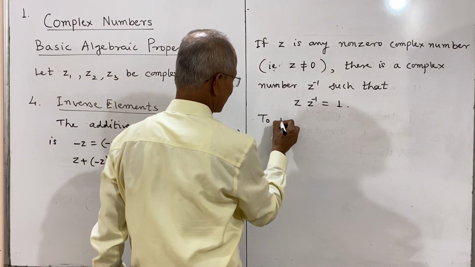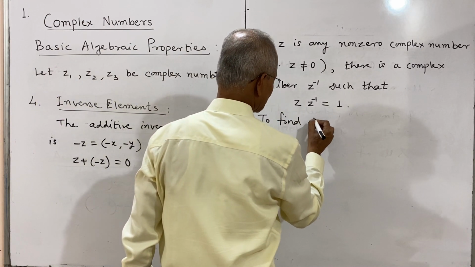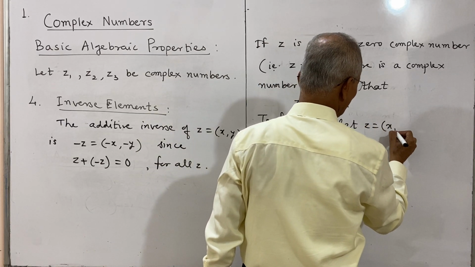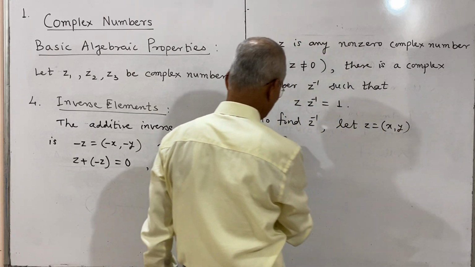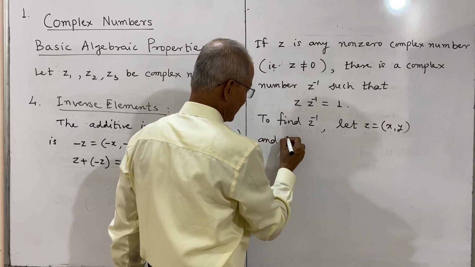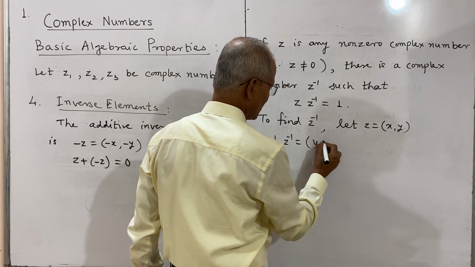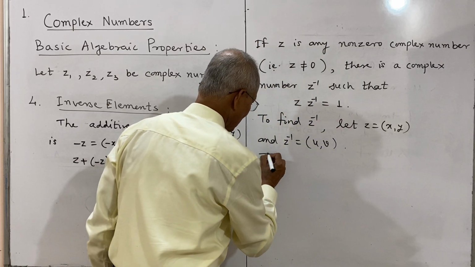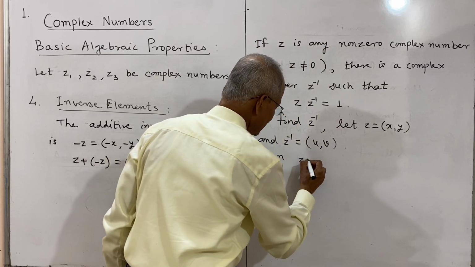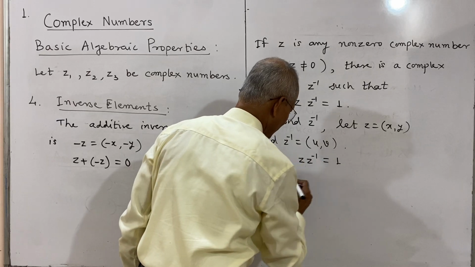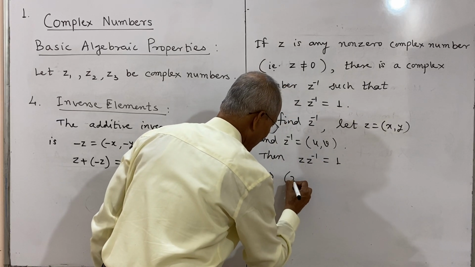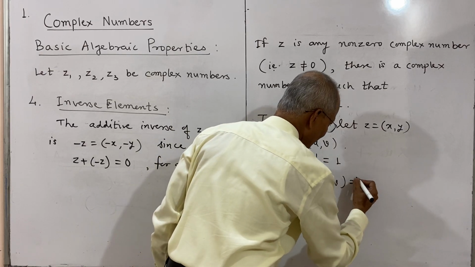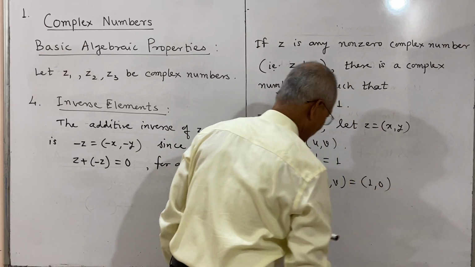To find Z inverse, let Z be complex number x comma y and Z inverse be another complex number u comma v. Then Z into Z inverse is equal to 1 implies x comma y into u comma v is equal to 1 comma 0.